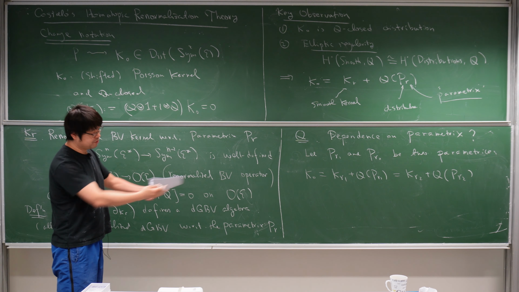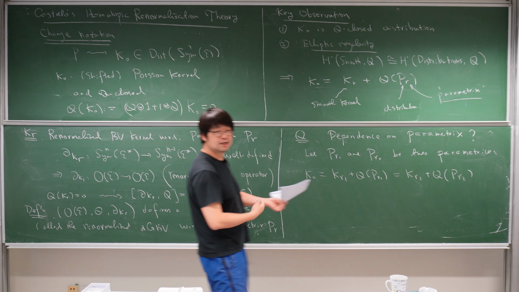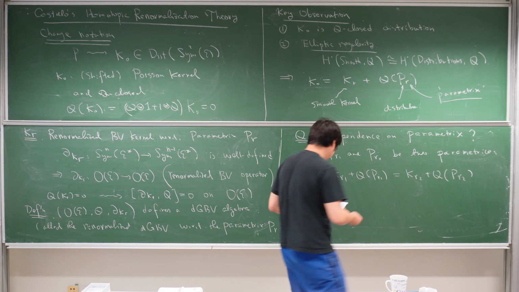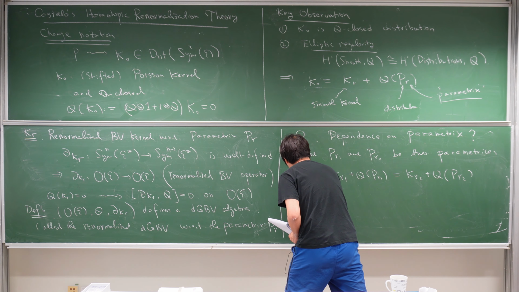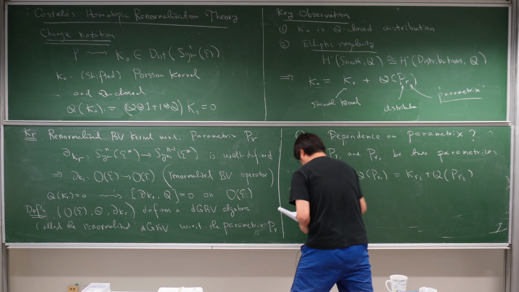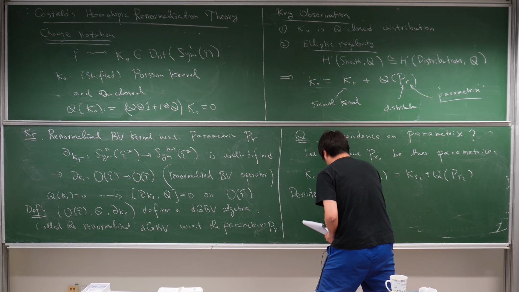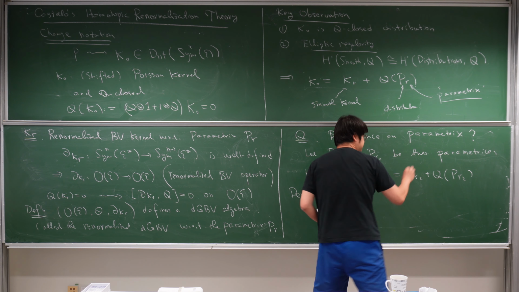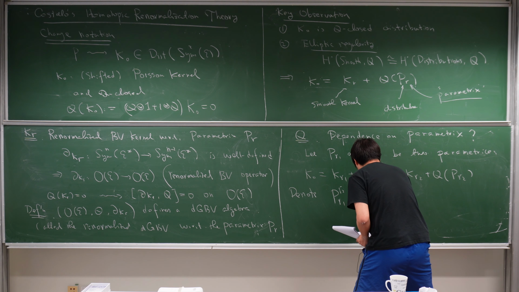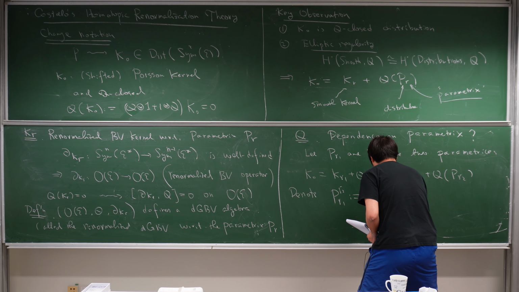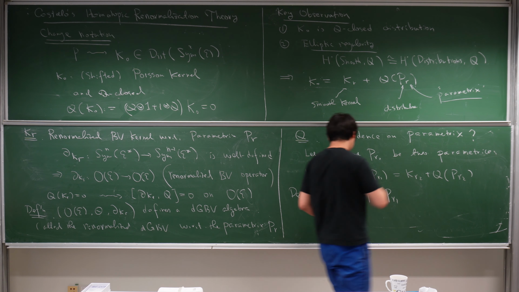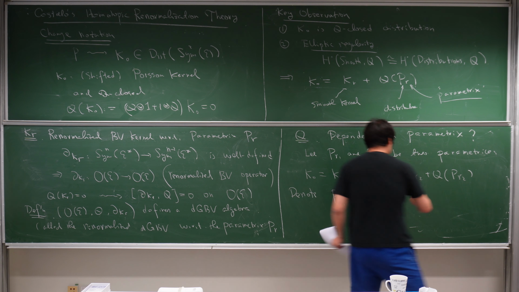And we know for different choices of parametrix, if you look at the difference, they differ by a smooth kernel. So let's call this P_R1R2, defined to be the difference of these two parametrices. And we know this one is actually smooth.